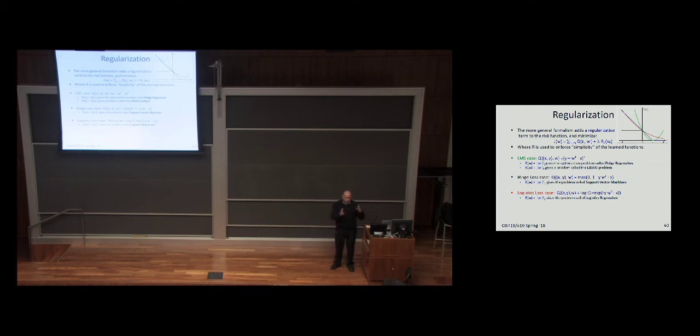Here is an example where the margin is 1. I can scale everything by gamma. Here is another example where the margin is gamma. But the behavior here is exactly the same as the behavior here, because all I did is blow up everything by a factor of gamma.